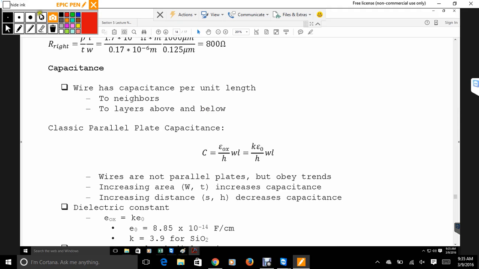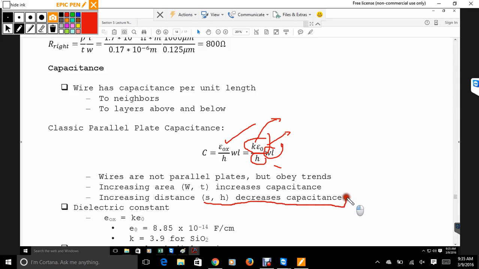So here we've been talking about parallel plate capacitance, where we have the thickness of the oxide, the permittivity of the dielectric, times the width and the length. Here we start dealing with increasing the distance between the wires.